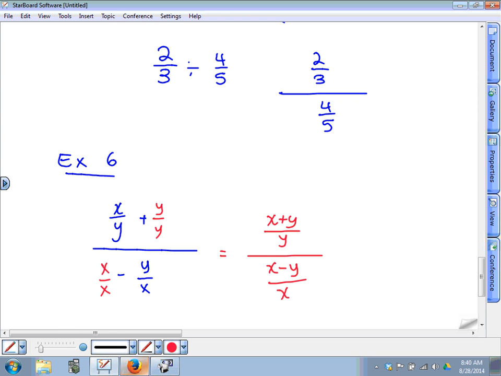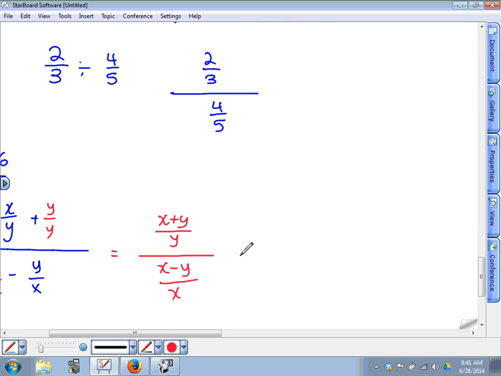And now we have a single fraction divided by a single fraction. We change this into a multiply problem. So take that bottom fraction, turn it into its reciprocal, and multiply.